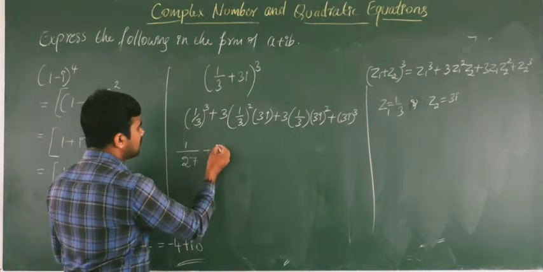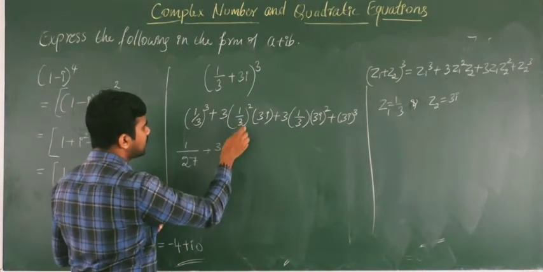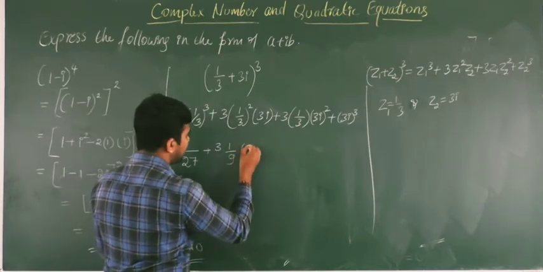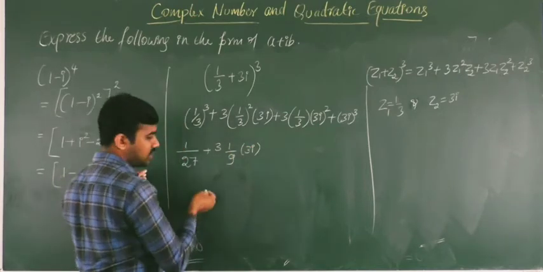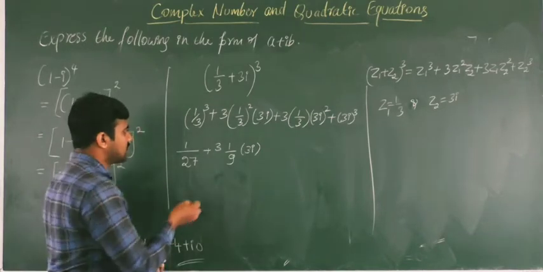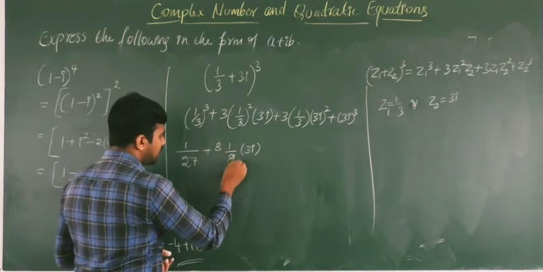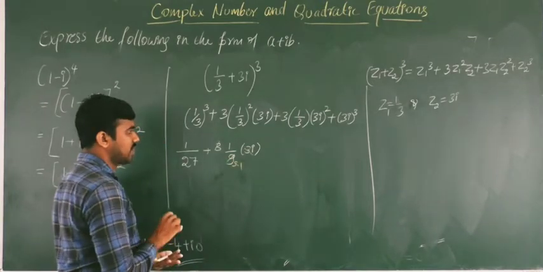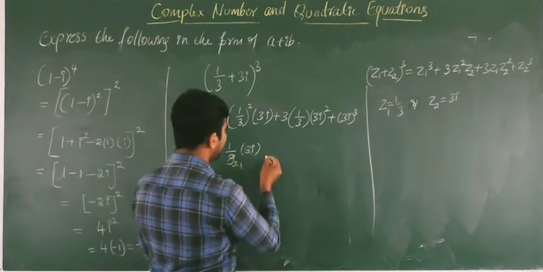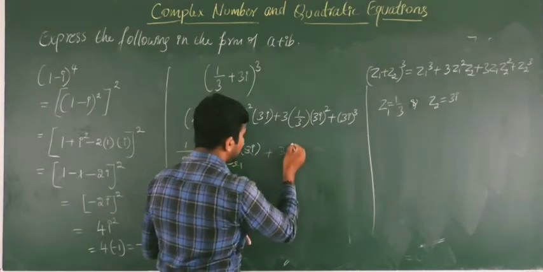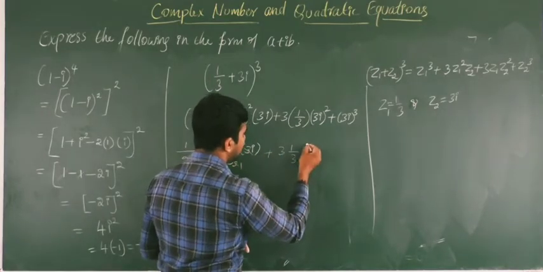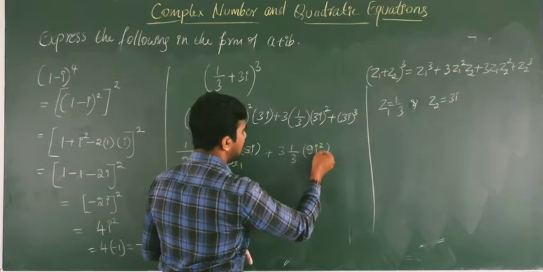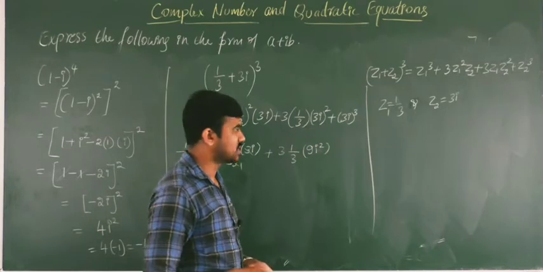Similarly, 3 into (1/3) whole square, that is 1 by 9 into 3i. Okay, so here we can observe 3 9s are 27... 3 1s are 3, so it gets cancelled. Okay, in the next, what we have, see, 3 into 1 by 3 into (3i) square means 9i square. (3i) whole square means 9i square.